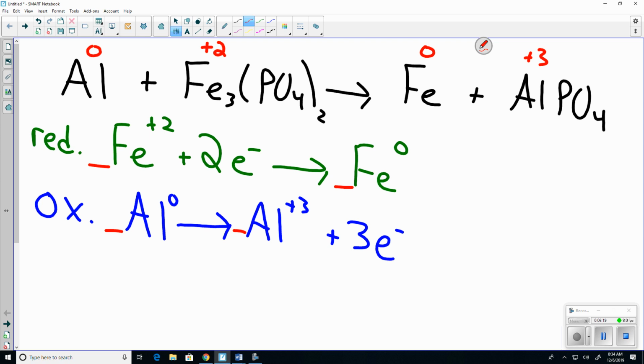So in this particular problem, I would multiply my reduction equation by 3. I'd multiply my oxidation by 2. Because then I'd have 6 electrons gained, 6 electrons lost. Those would balance out.